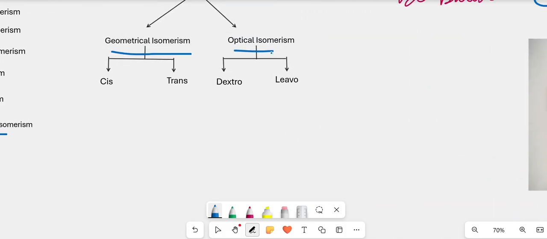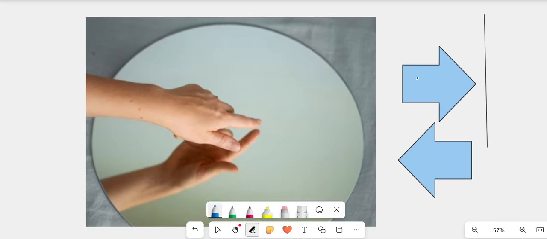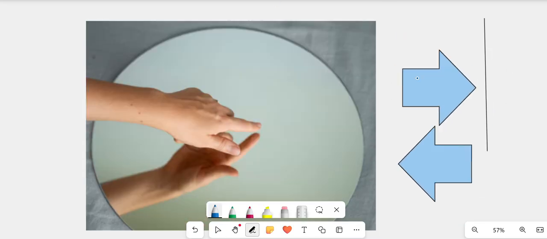And then you have optical isomerism. We have touched upon it a bit. So what actually is optical isomerism? In optical isomerism, you take a compound and pass polarized light through it, and it will move the light in a direction. It can be either the clockwise direction or the anti-clockwise direction.